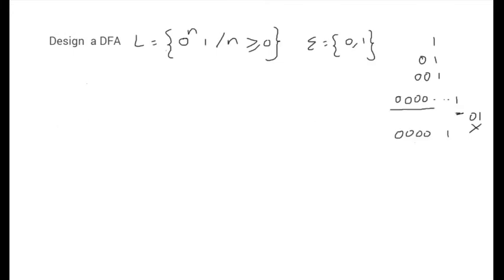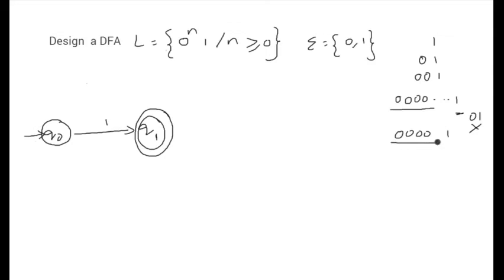Let's define the DFA. Q0 on 1. The minimum string here is 1. So Q0 on 1 reaches the state Q1, and Q1 is the final state because 1 should be accepted by the finite automata. Here any number of zeros followed by 1 should be there.